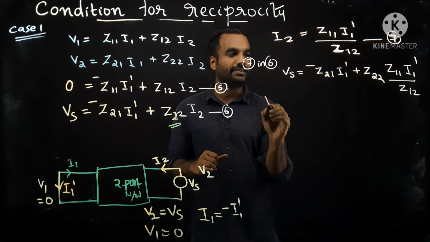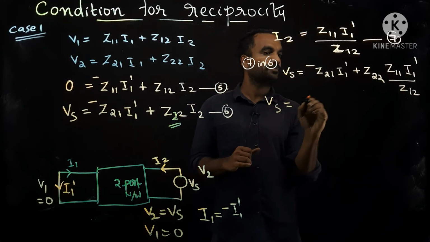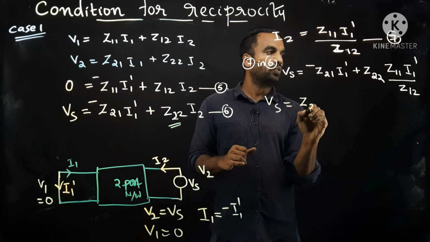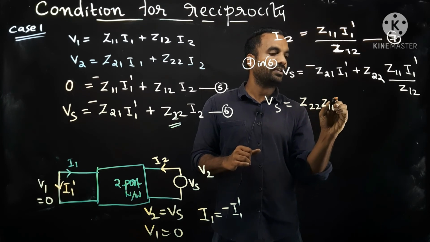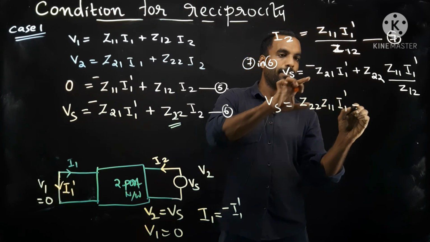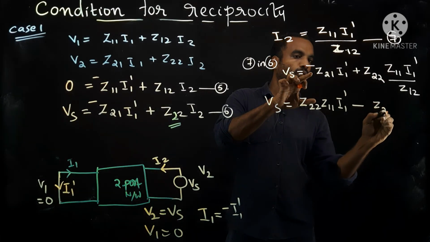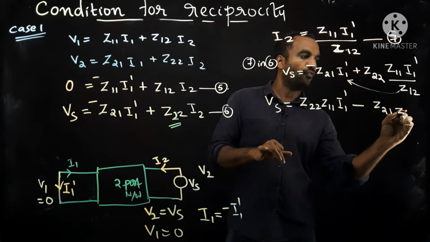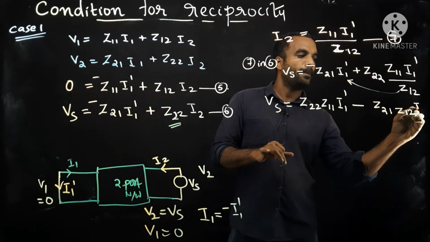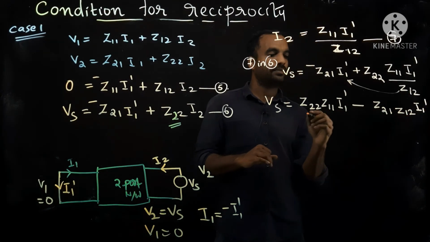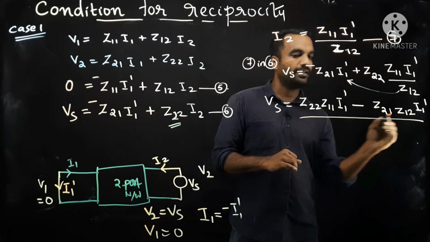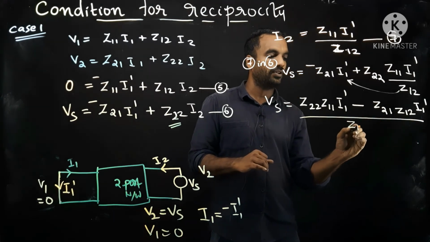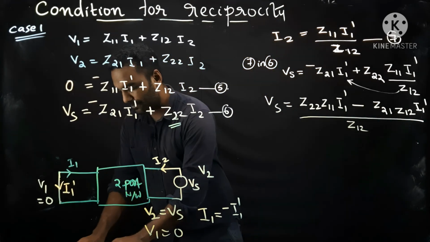Now let me take LCM. Vs is equal to Z22 Z11 I1 dash minus Z21 Z12 I1 dash all divided by Z12. But what is our aim?